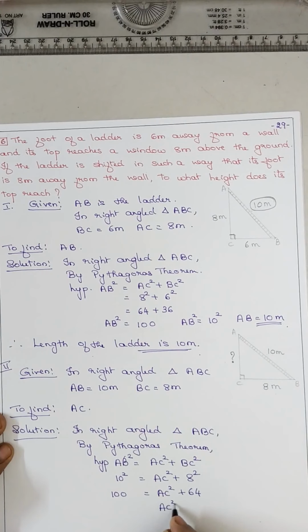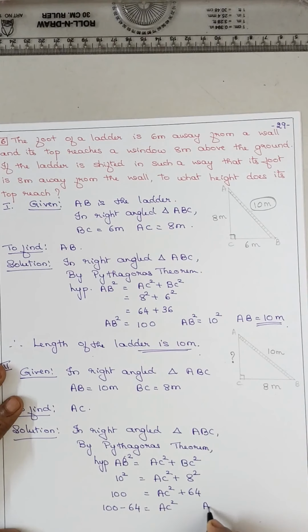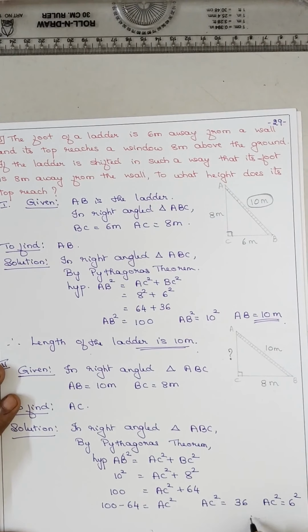So AC squared is equal to 100 minus 64. So AC squared is equal to 36. 36 is 6 square, therefore AC is equal to 6 meter.